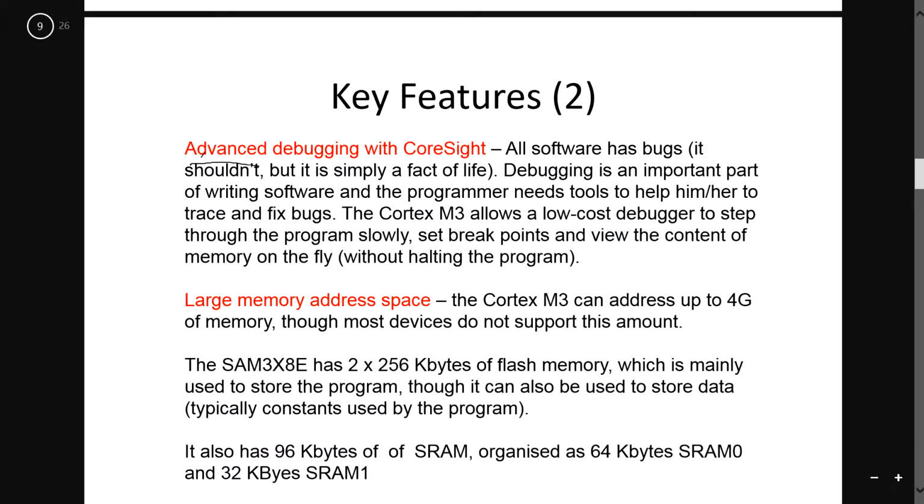Next feature, advanced debugging. The system normally has bugs, so we need a debugger, something like that with CoreSight. I don't know what that is. What is good about a debugger is that it sets breakpoints. What are breakpoints? To my best knowledge, a program may run A, then B, then C. Let's say B has a bug and you want to debug it. You would rerun A, B, and C again, but you're wasting time because you know A is good and C is good.